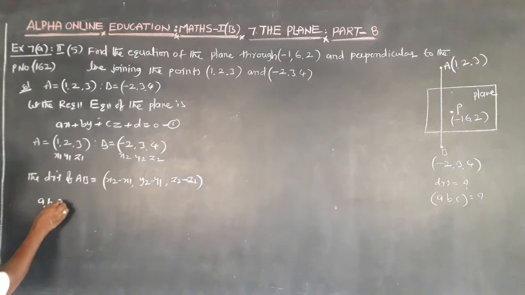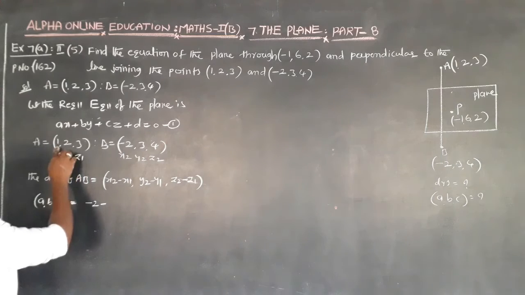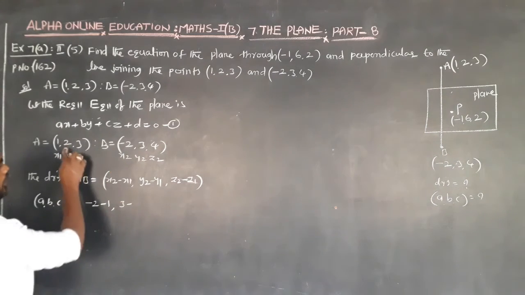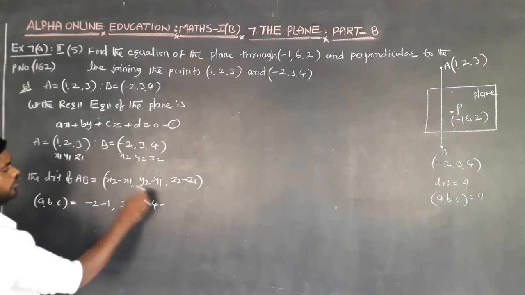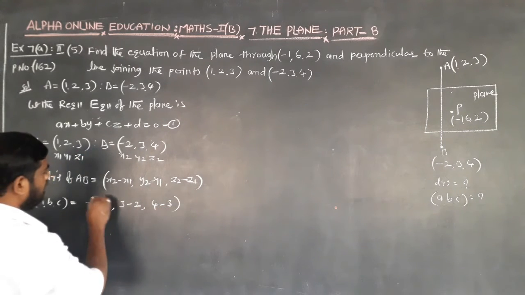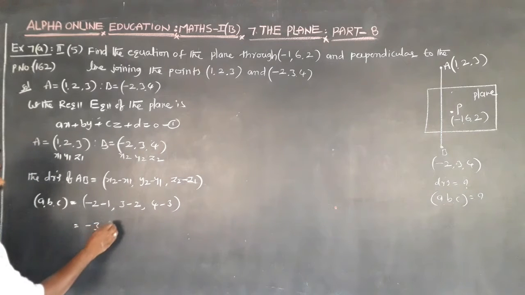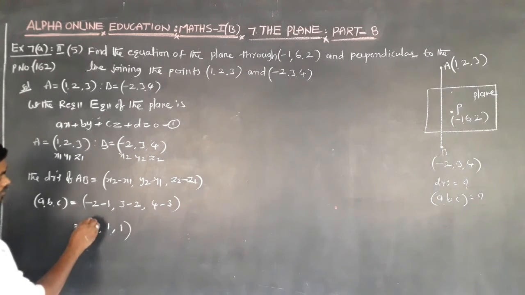The DRs of AB, small a, small b, small c, equal x2 minus x1, y2 minus y1, z2 minus z1: (-2 minus 1, 3 minus 2, 4 minus 3) = (-3, 1, 1).